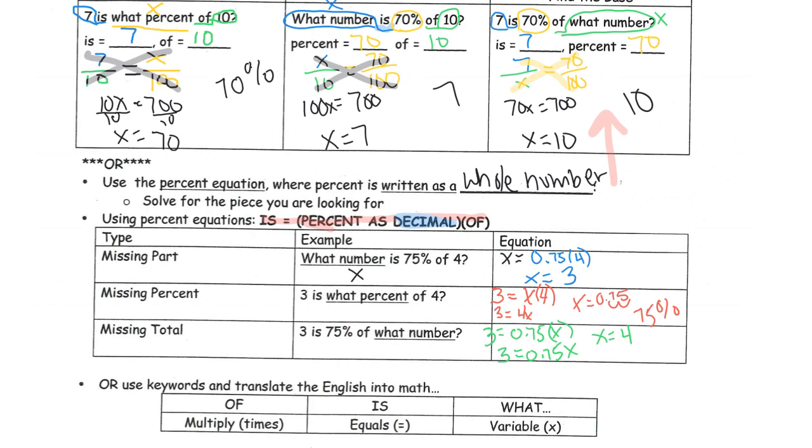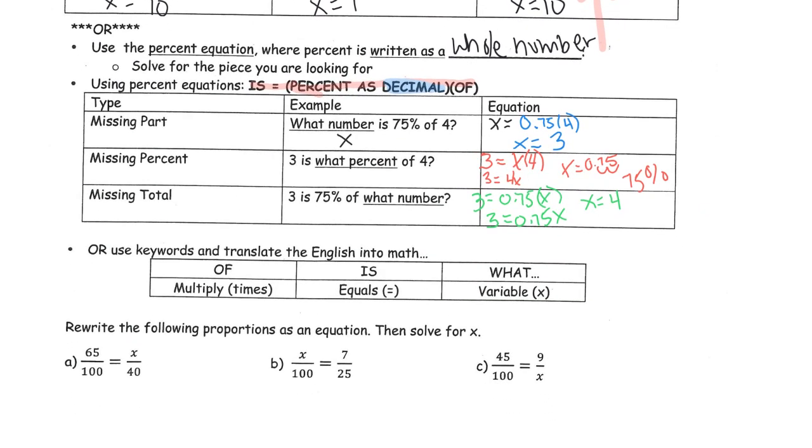One other way is just using keywords, where we know of means to multiply, is means equals, and what tells me that's our variable. This should all be hopefully things you know, and that should have just been review.